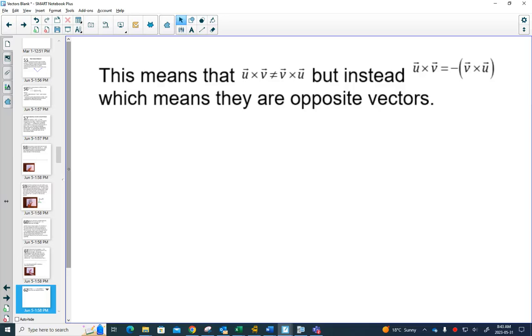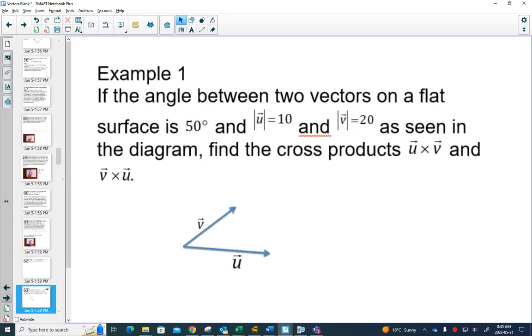The numbers would be the same. The only difference is that one would be coming out of the paper and one would be going into the paper, so they're in opposite directions. So we can say U cross V is the same as negative V cross U, because it'll be exactly the same length, just in the opposite direction.